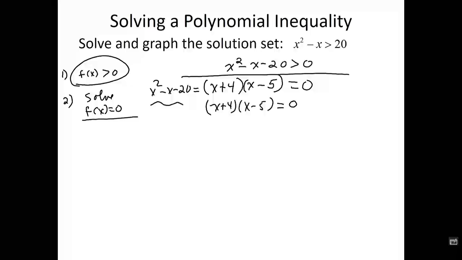Using the zero product principle, we have x plus 4 is equal to 0 and x minus 5 is equal to 0. So here we have x is equal to negative 4 and x is equal to 5. So negative 4 and 5 are the boundary points.